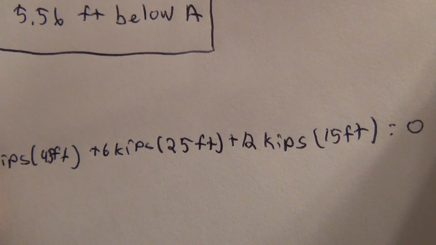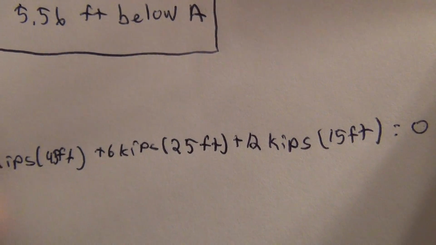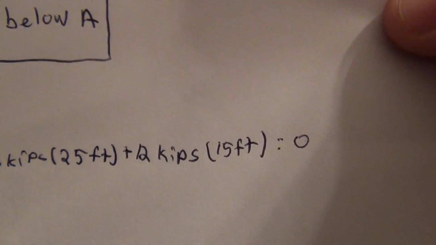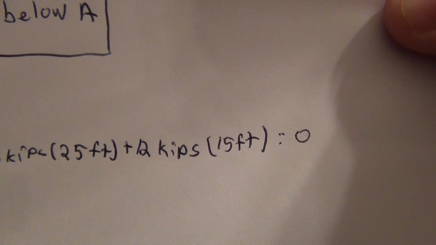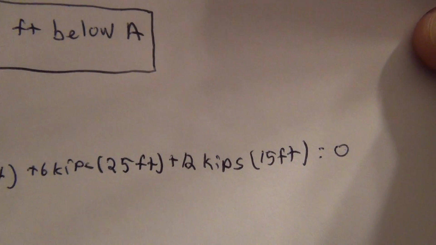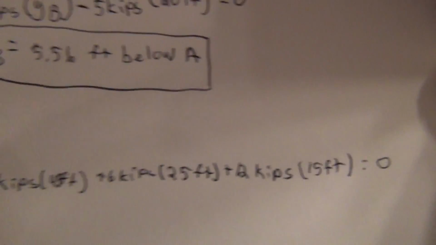That's point B, and that's downwards, and that's 25 feet from D. And our final is 12 kips downward at point C, and that is 15 feet from point D. This is all going to equal 0 because it's an equilibrium. So let's solve for YD. This will get our elevation in our second part of answer 1.